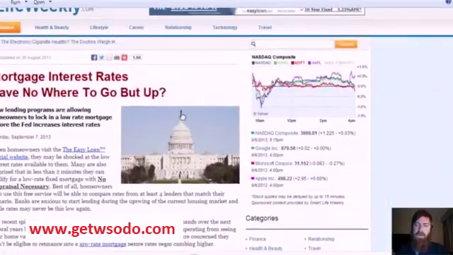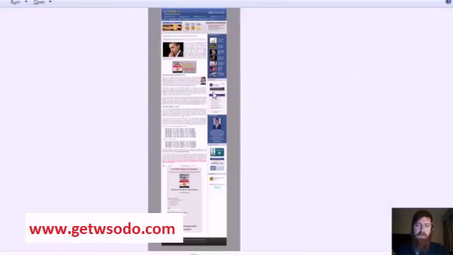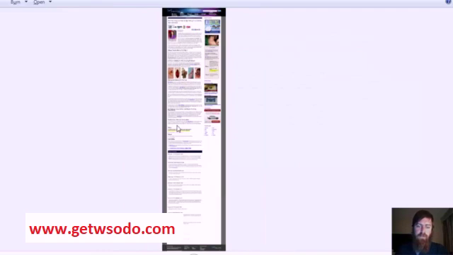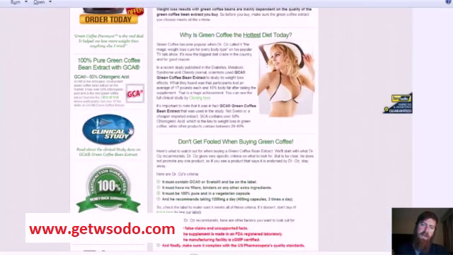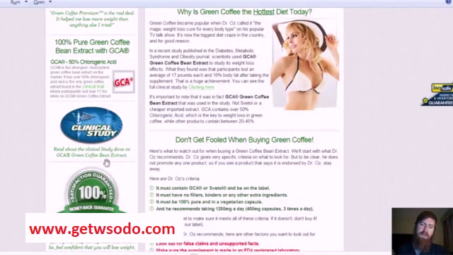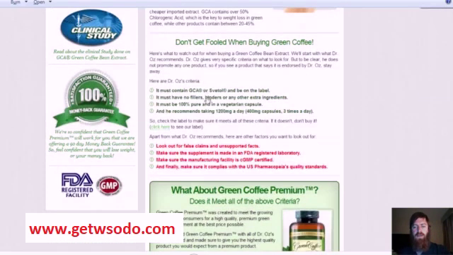On this Garcinia page, they say, read about this clinical study being done on the Garcinia coffee bean extract. So they are alluding to a Garcinia study.